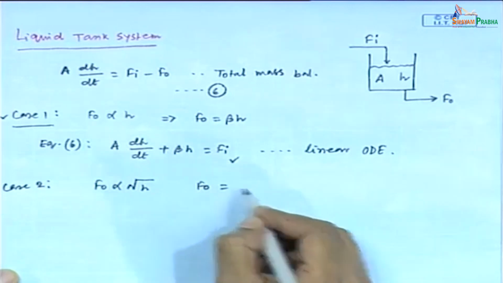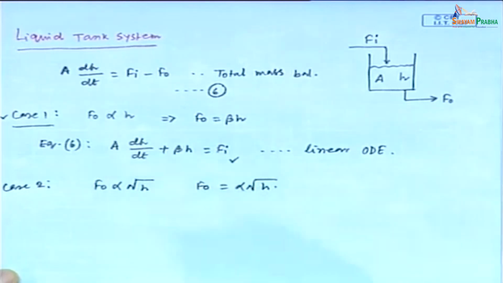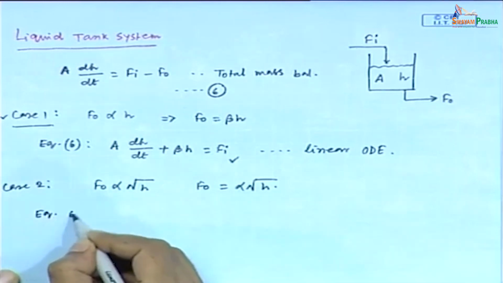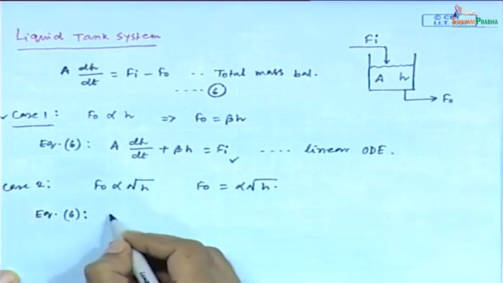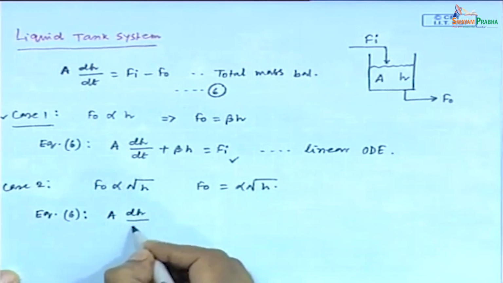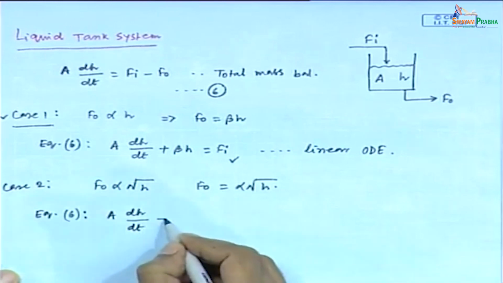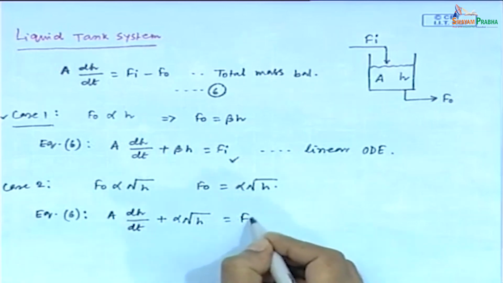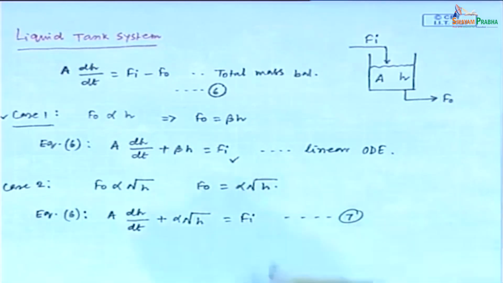That means F naught equals alpha root H. Now, if we substitute F naught equals alpha root H in equation 6, we have A dH dt plus alpha root H equal to Fi. This is equation 7.